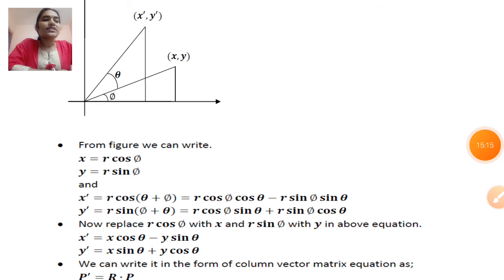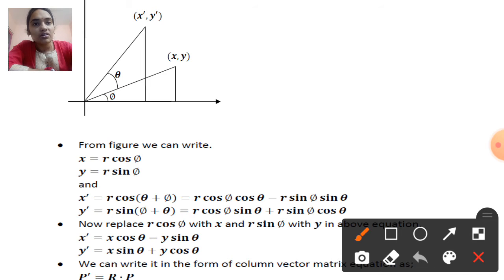Using standard trigonometric identities, we can express the transformed coordinates in terms of angle theta and phi. As x equal to r cos phi and y equal to r sin phi. And here we find x dash and y dash.